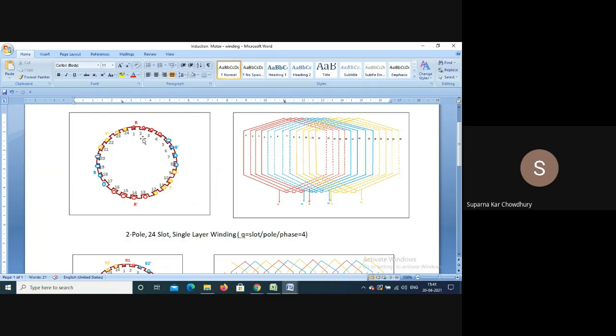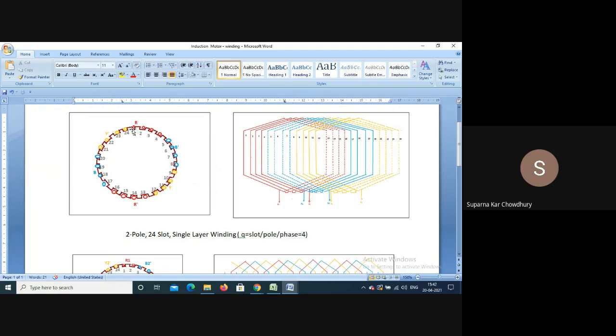Now, if we want to make a two-pole, three-phase winding, in that case your Q, that is the slots per pole per phase, will be 24 divided by pole 2 and phase 3, so Q will be 4.